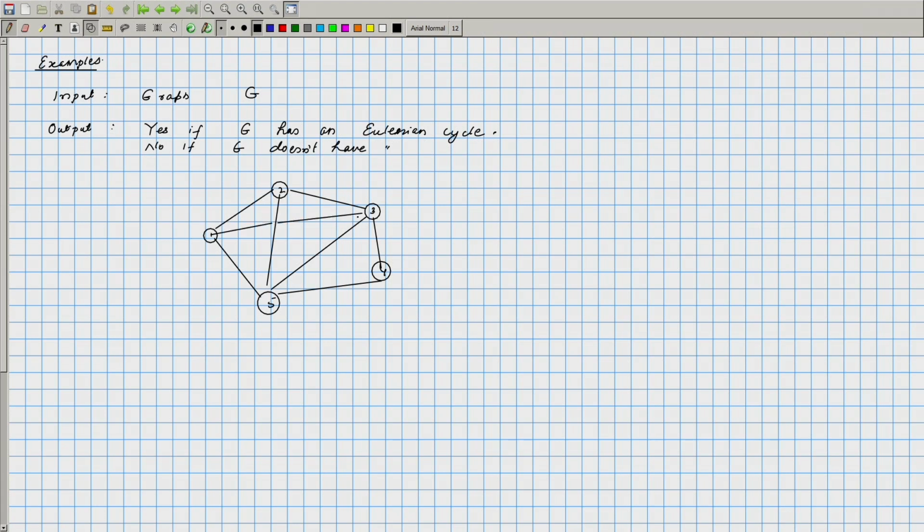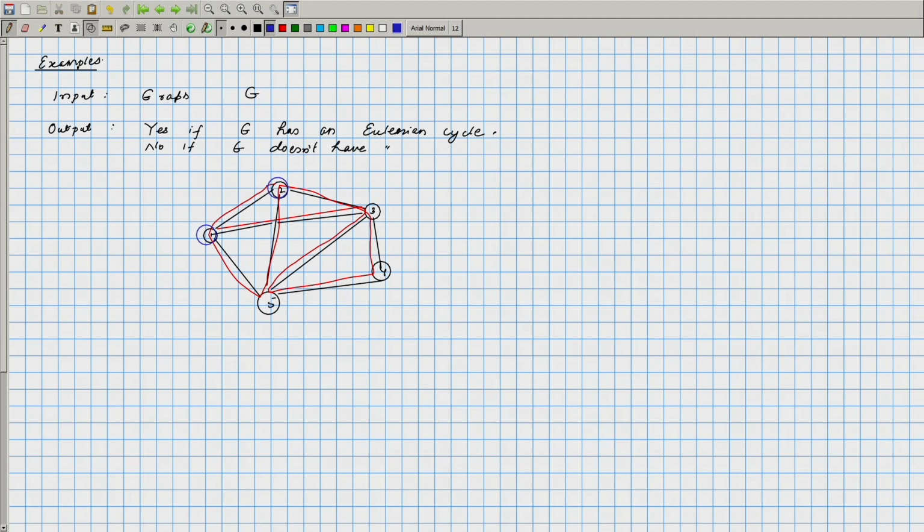What we want to know is whether we can start at a particular vertex and traverse every edge of this graph without visiting any edge twice. For example, we could start off at vertex 1 and traverse along this path and then come back here. So, we could traverse it this way and we have visited every vertex, but the starting vertex was 1 and the ending vertex was 2.